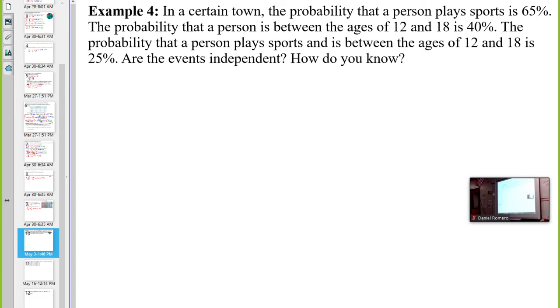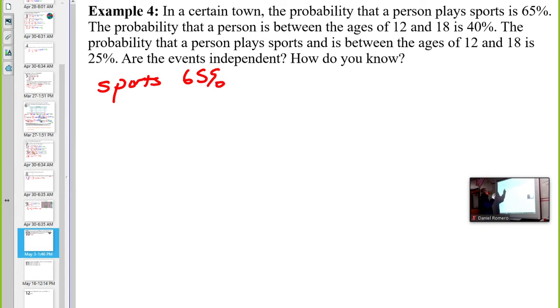In a certain town, the probability that a person plays sports is 65%. The probability that a person is between, I read this one before. I'm going to rewrite this because I had to read it like 5 times the first time I read it. So, sports is 65%.